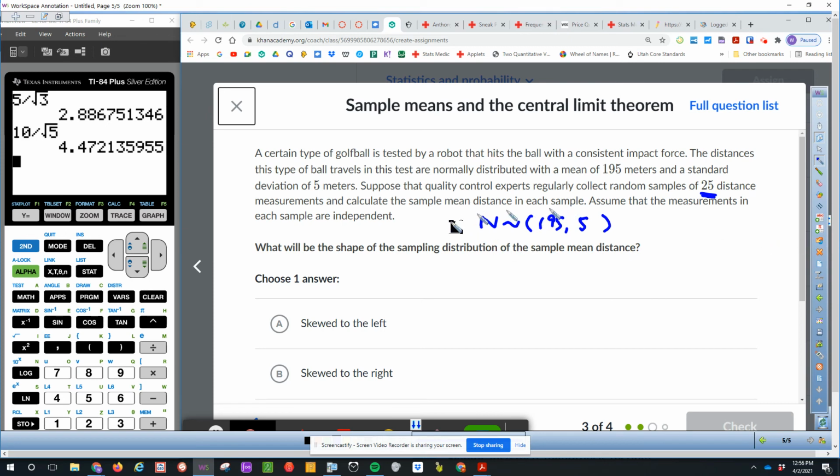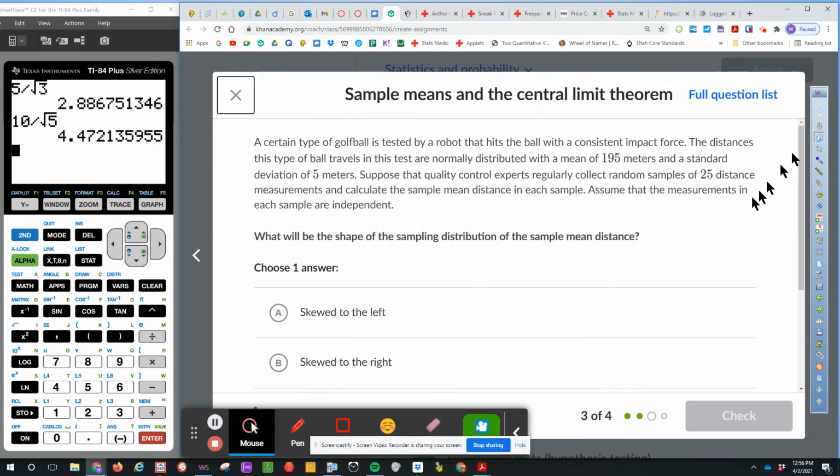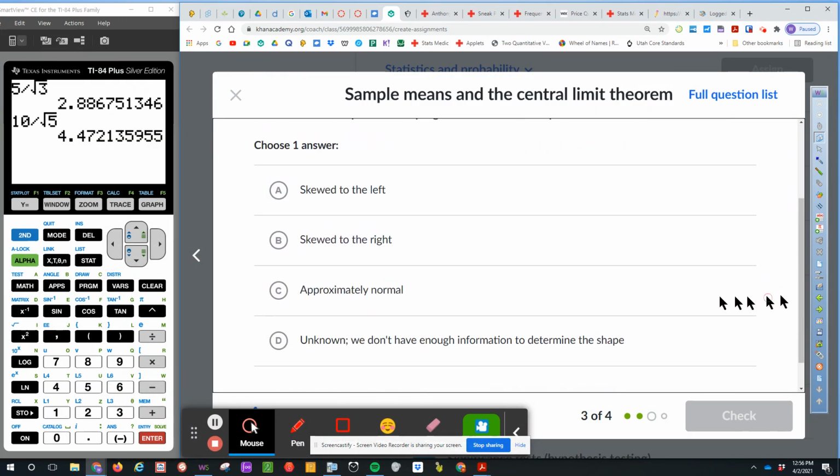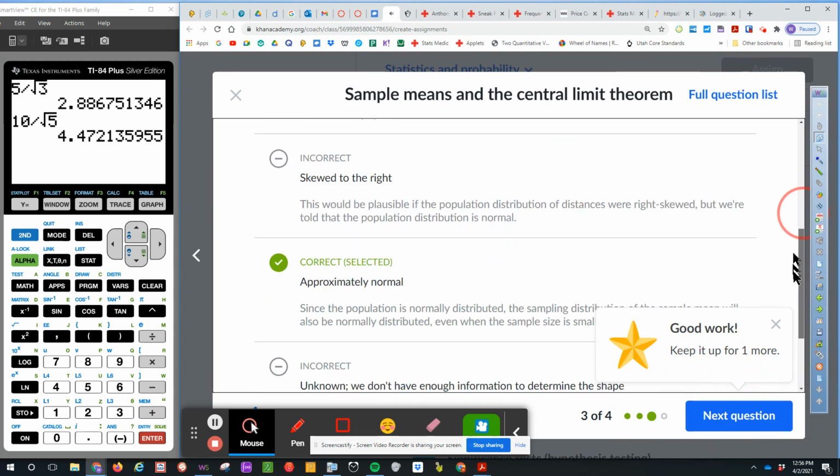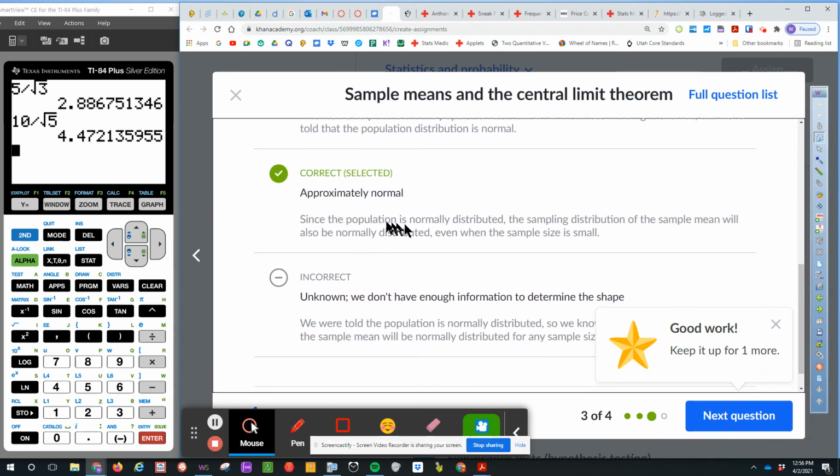So since the population is already normally distributed, your sampling distribution should also be approximately normal, right? What does it say? Since the population is normally distributed, the sampling distribution of the sample mean will also be normally distributed, even though the sample size is small.